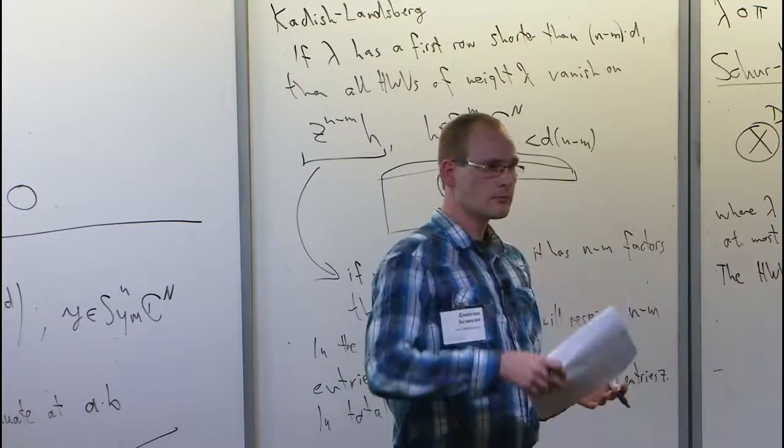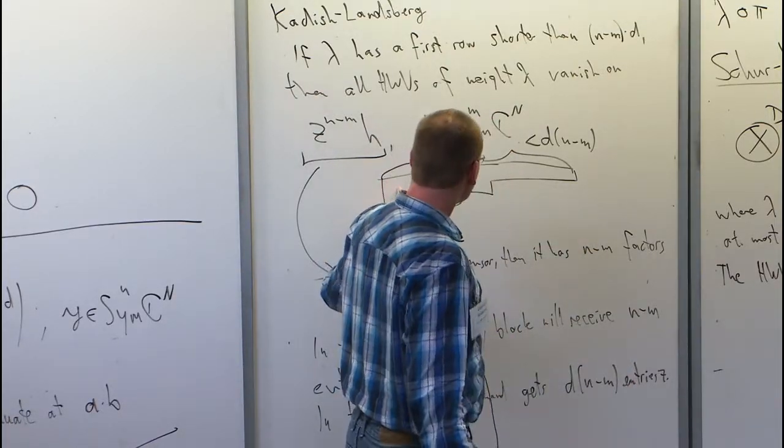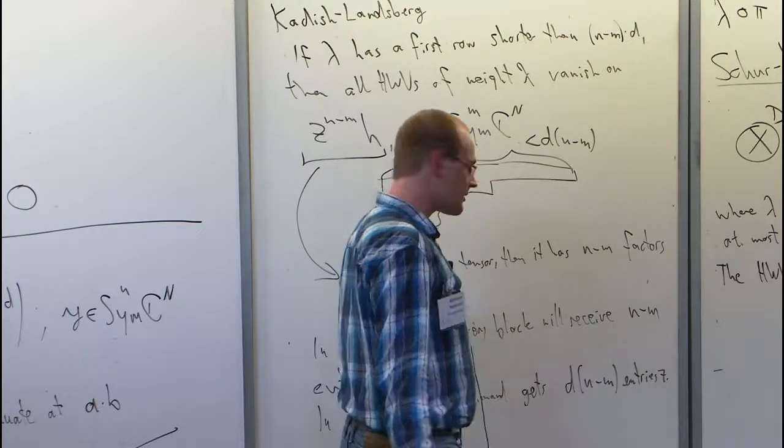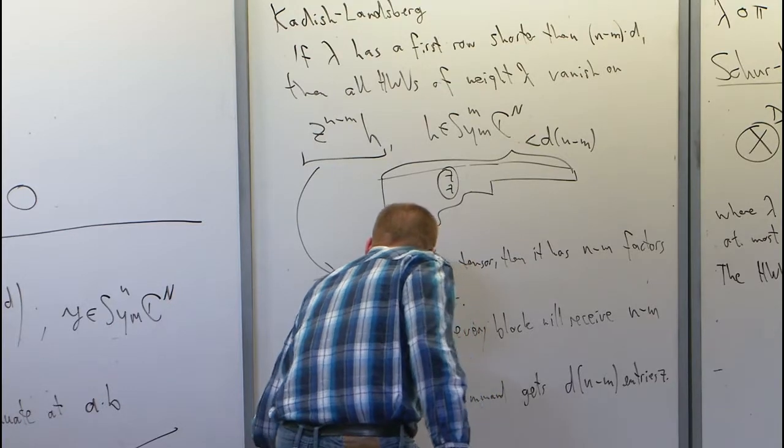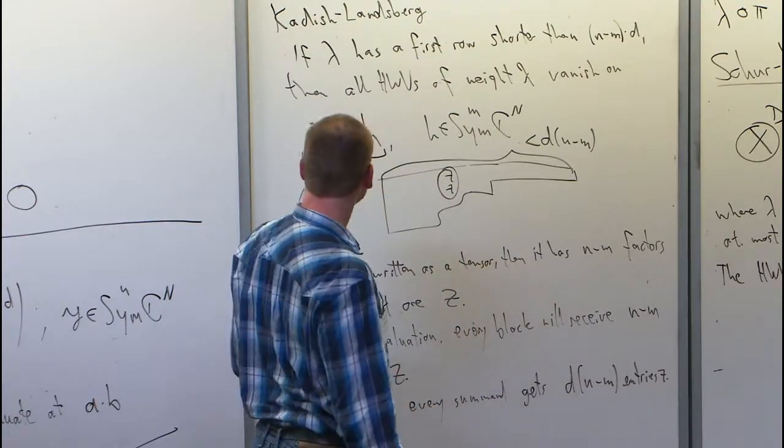One column has two z's. What is z? That z is the padding variable. Yes, it's the padding variable.